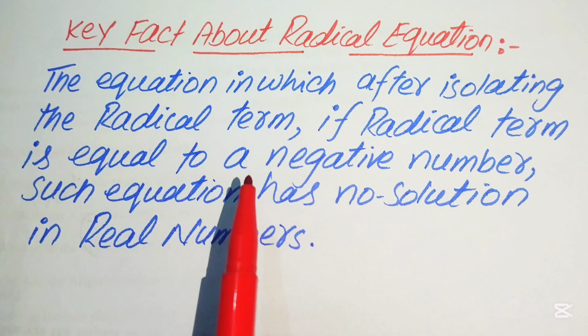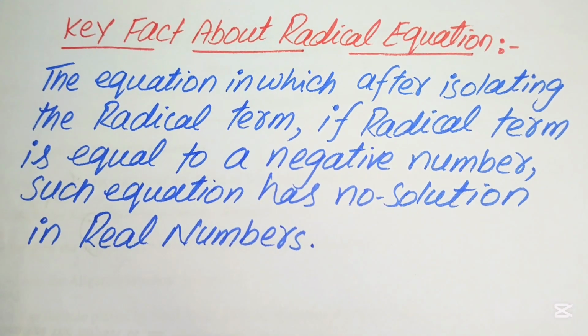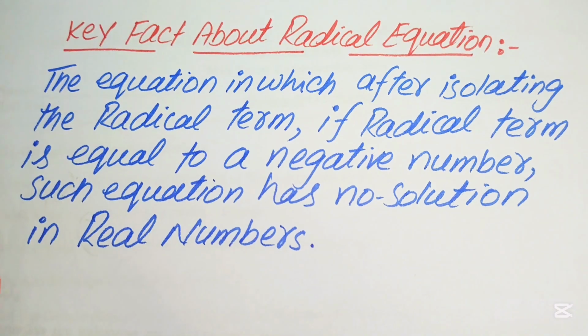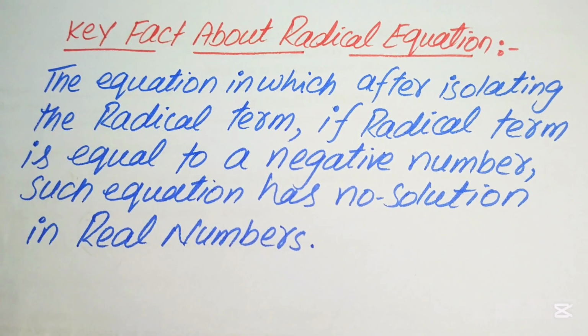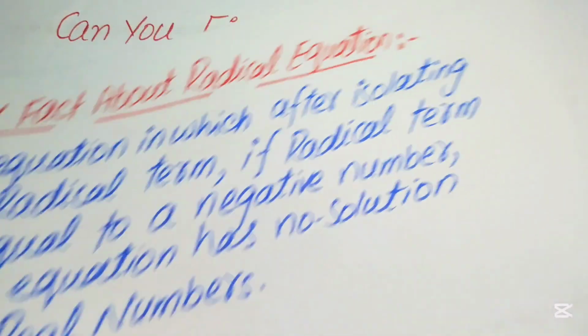It means that if our radical term becomes a negative number, then you do not need to solve that equation. You can directly say that the equation has no solution in real numbers.